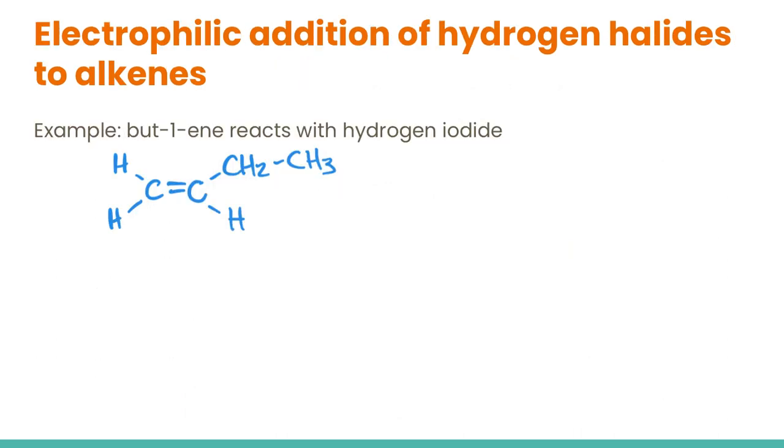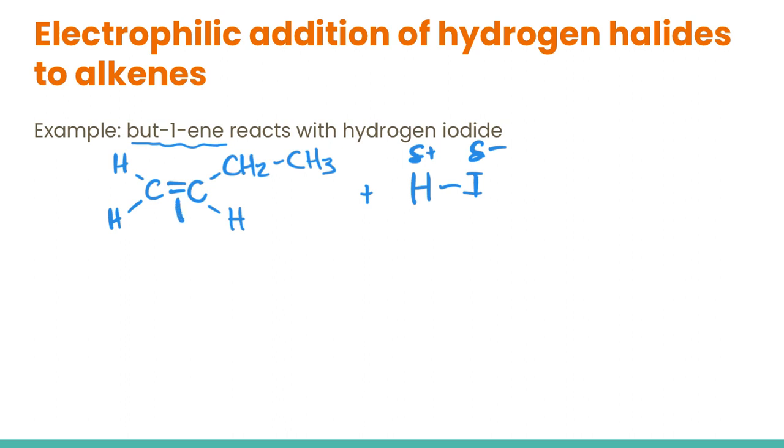So let's start with the electrophilic addition of hydrogen halides to alkenes. So this example here, we've got but-1-ene, which I've just drawn below, and that's going to react with hydrogen iodide. Now, in hydrogen iodide, the hydrogen is a partial positive and the iodine is a partial negative charge. So we do want to show those partial charges.